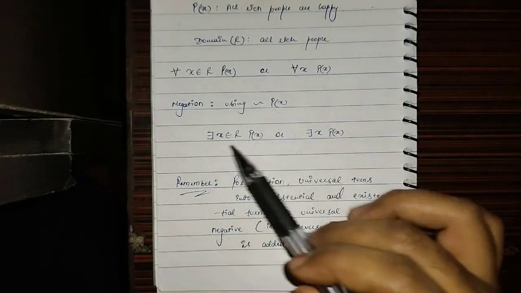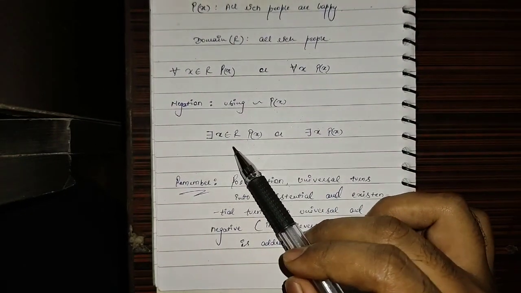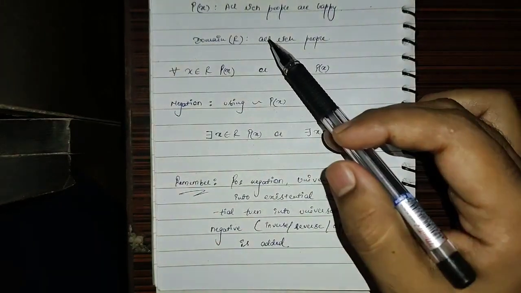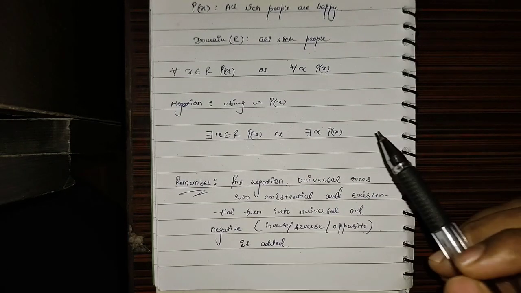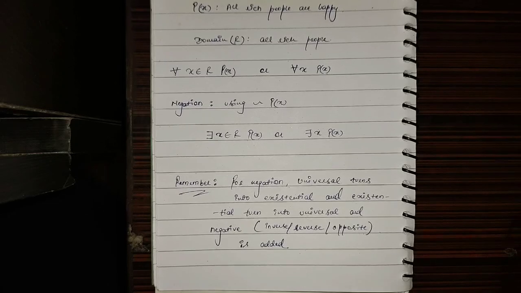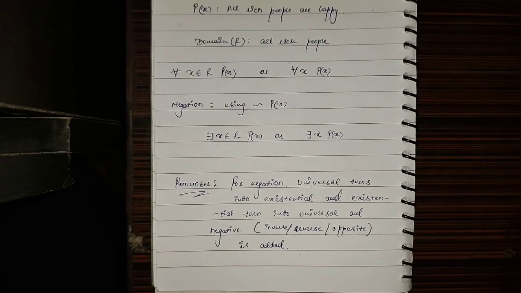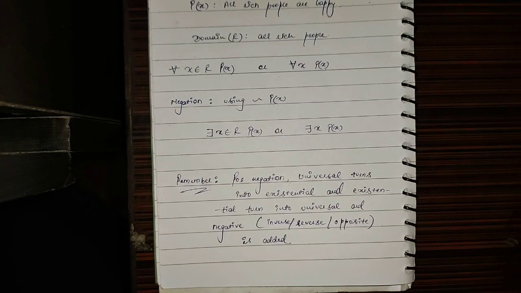This is how we can represent it. There exist some rich people such that they belong to the domain R and that they are not happy. So you see how the universal quantifier turns into an existential quantifier. We have to remember this whenever we are negating a statement containing a universal quantifier or an existential quantifier.